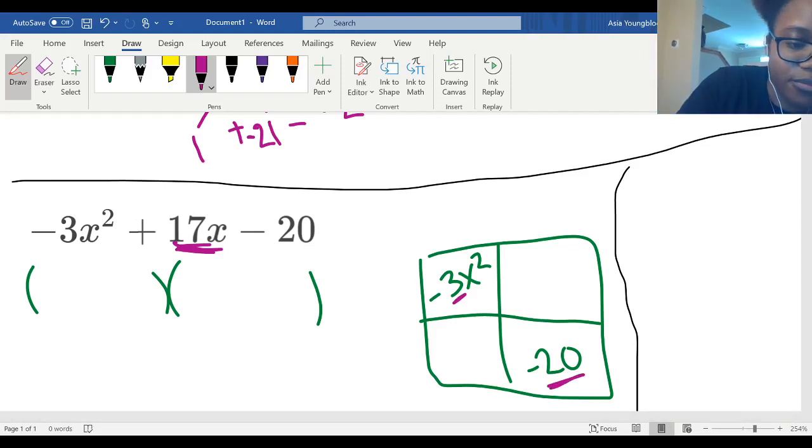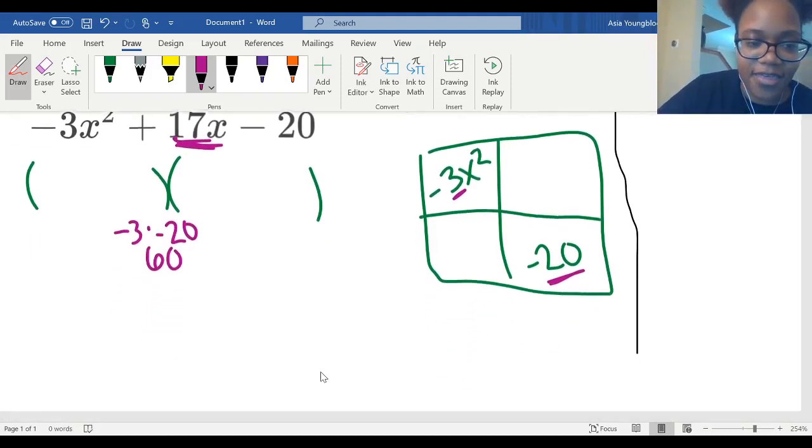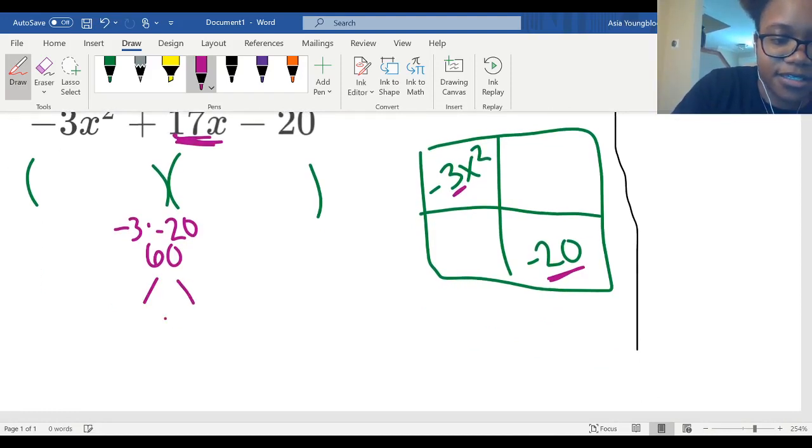So we're looking for two numbers whose product is going to be 60, and that add to 17.